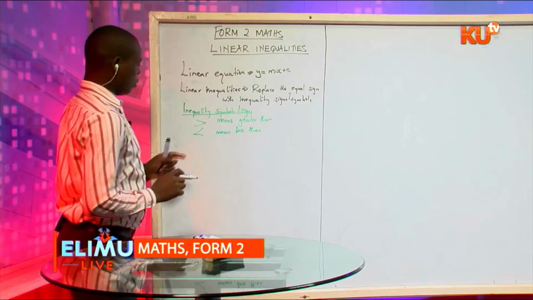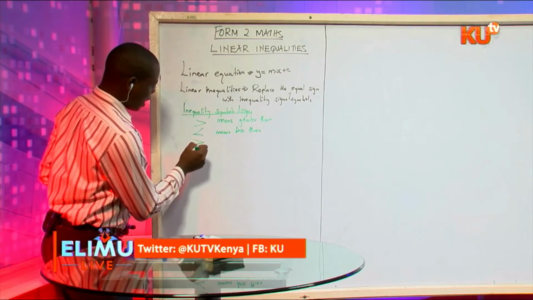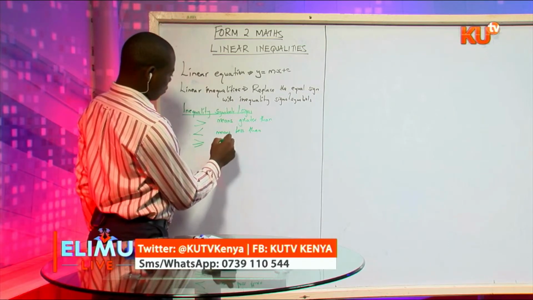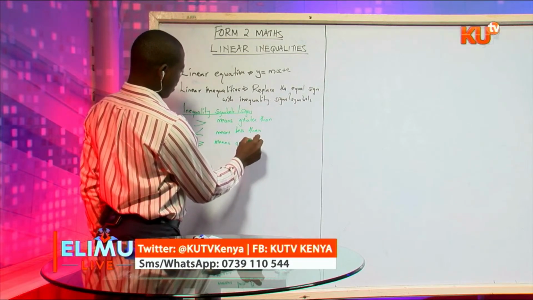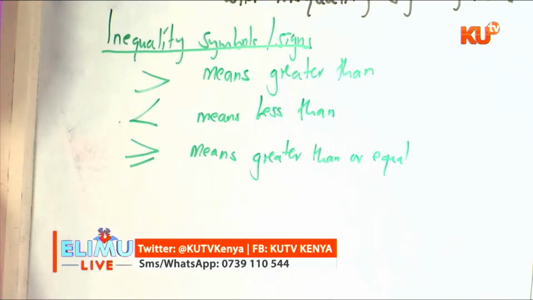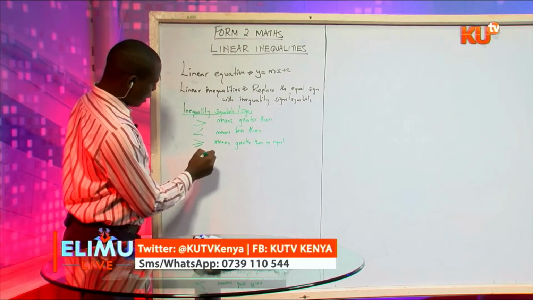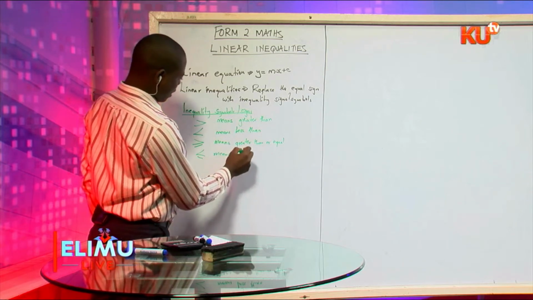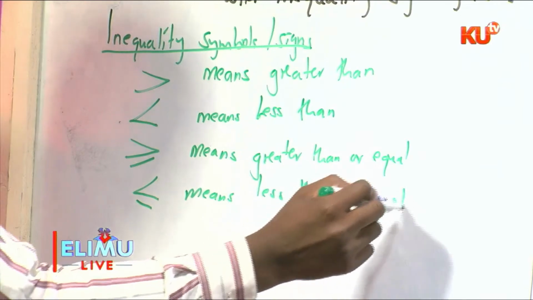Now we do something to these two to form the other two. When you have greater than and a line below it, it means greater than or equal to. You can write the same for less than, and this one will mean less than or equal to.